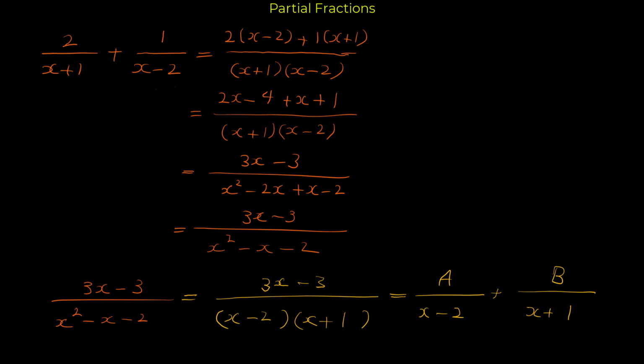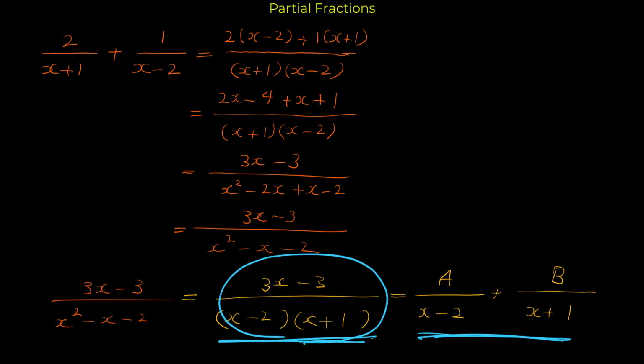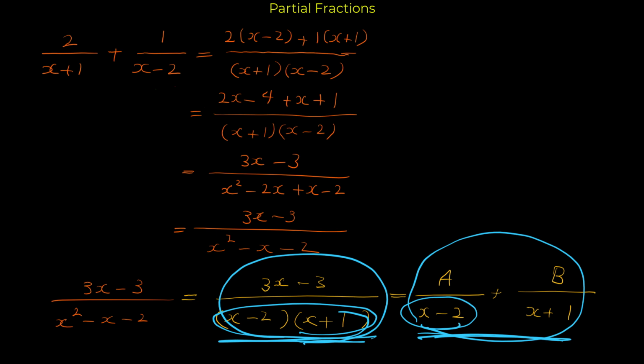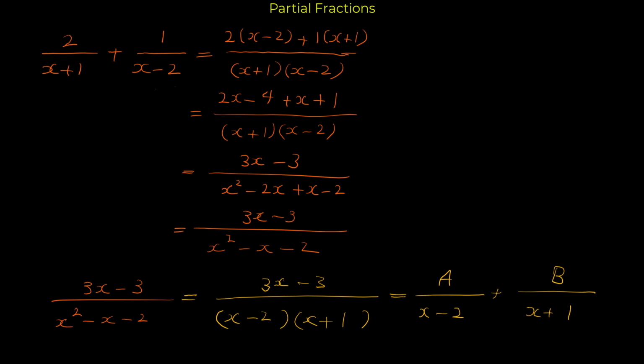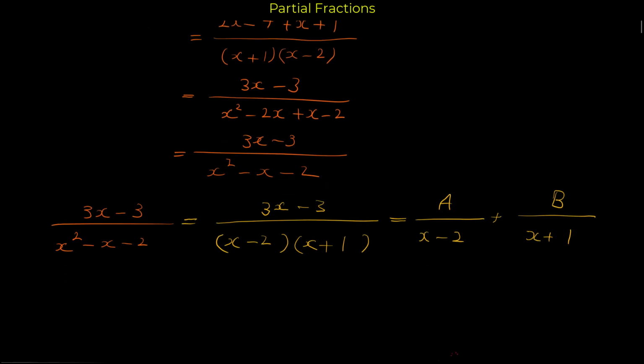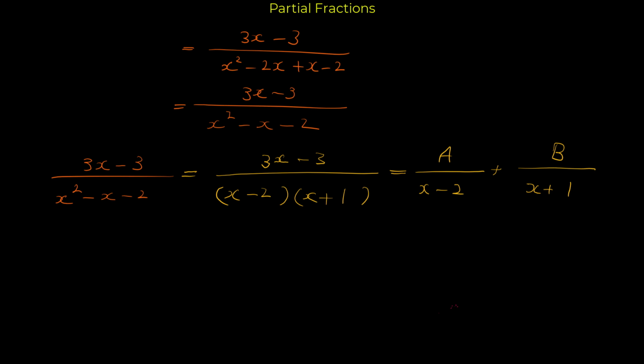To find A and B, we multiply both sides of this equation, left side and right side, by x minus 2 and x plus 1 to get rid of the denominator. This is the process of finding the unknowns. So for finding A and B, we multiply left side and right side by x minus 2 times x plus 1.